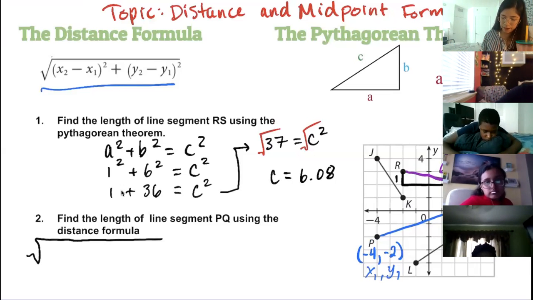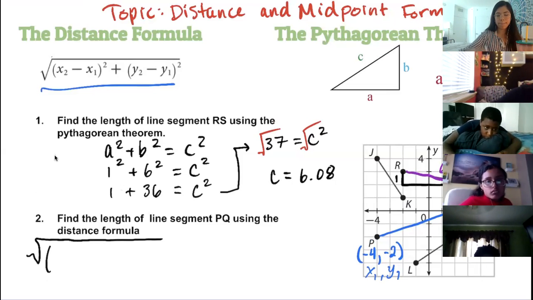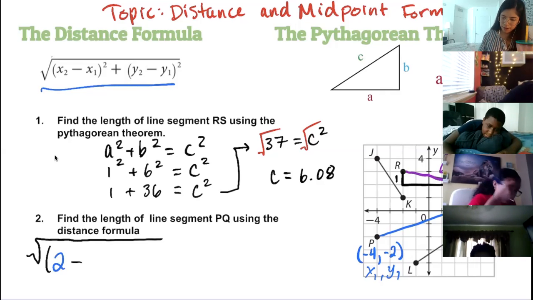And then what's my x2? Which one is x2? 2. So it's x2 minus x1. So that's 2 minus, what goes next?